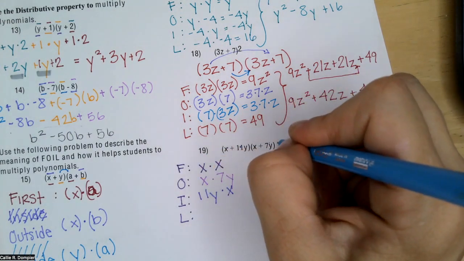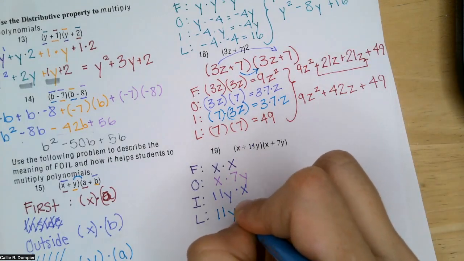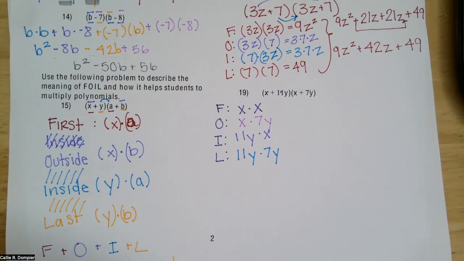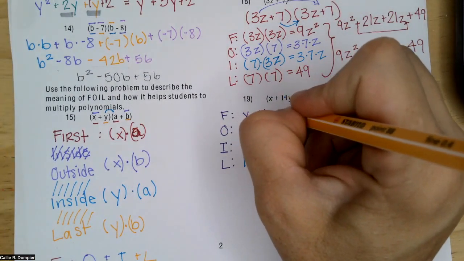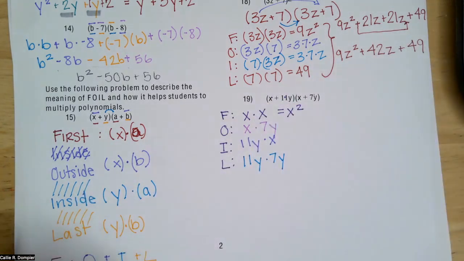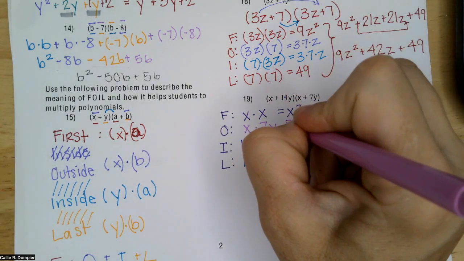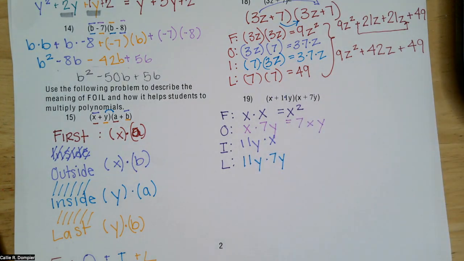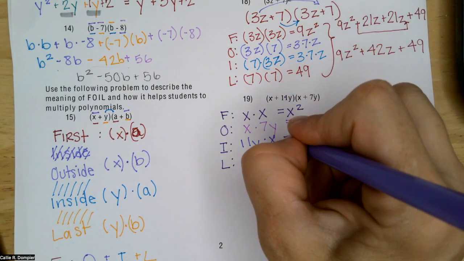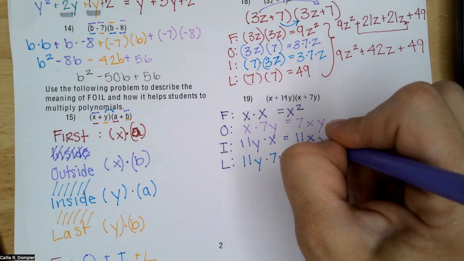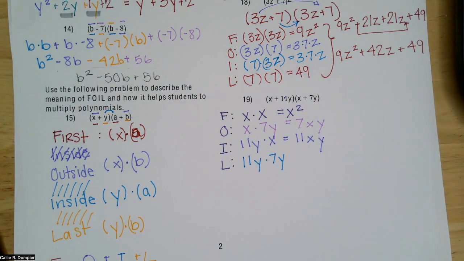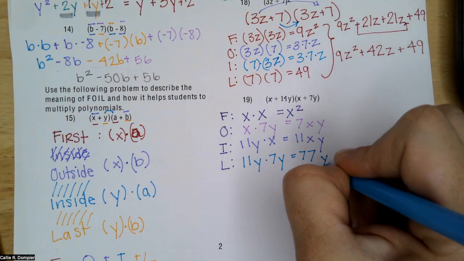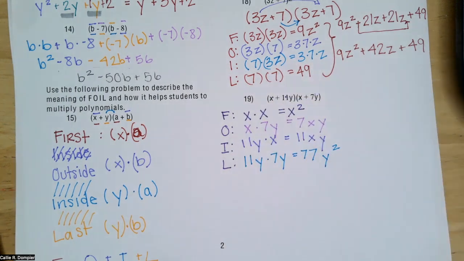And then 11y times 7y would be our last. X times x becomes x squared. X times 7y becomes 7xy. 11y times x is 11xy. And then 11 times 7 is 77, and y times y is y squared, just like x times x is x squared.